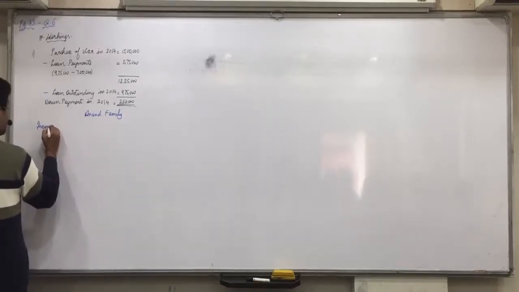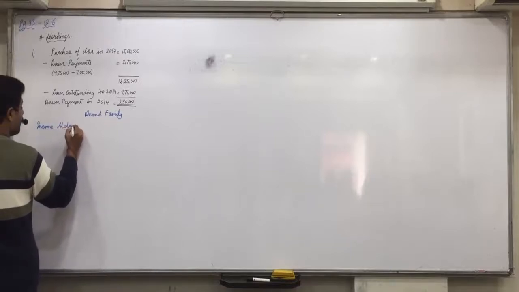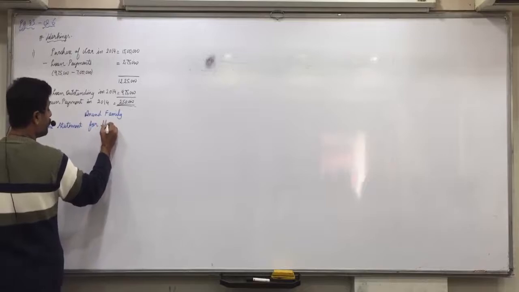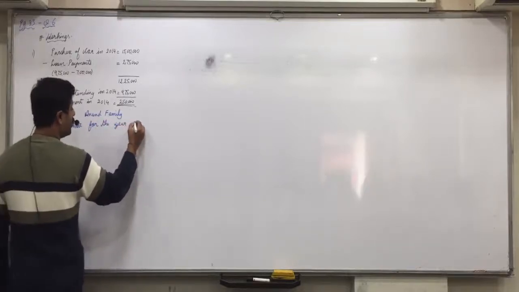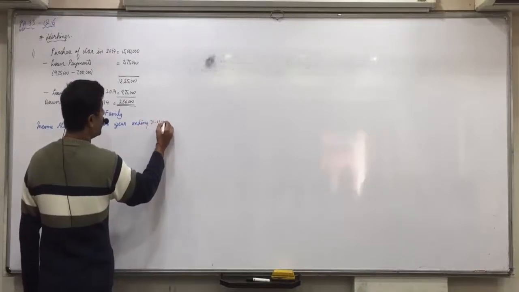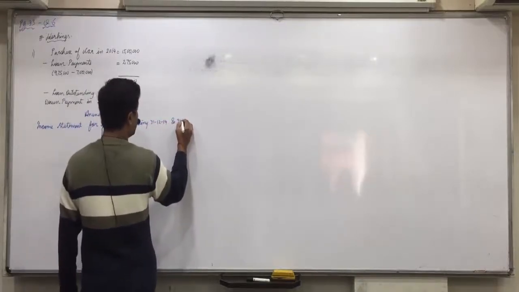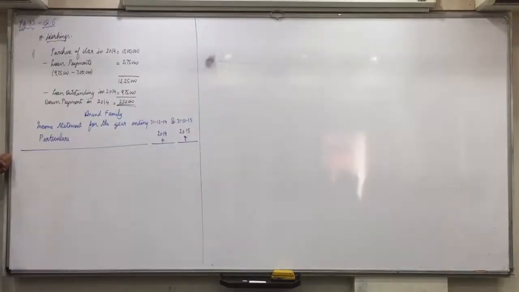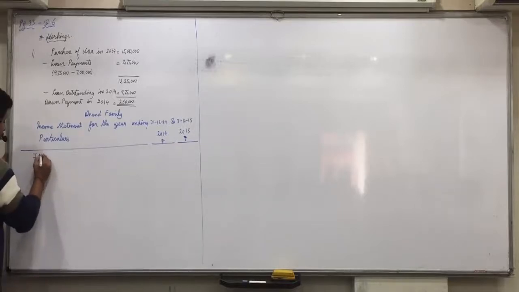Income statement for the year ending 31/12/14 and 31/12/15. 2 years we have to do it in columnar form. Did I bring incomes?